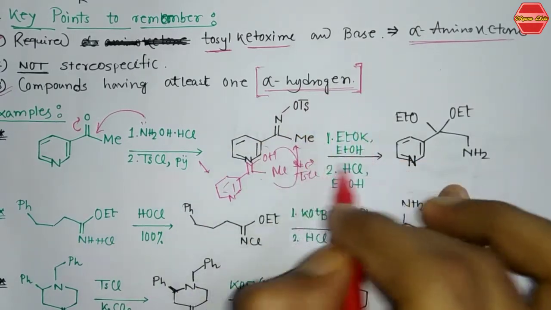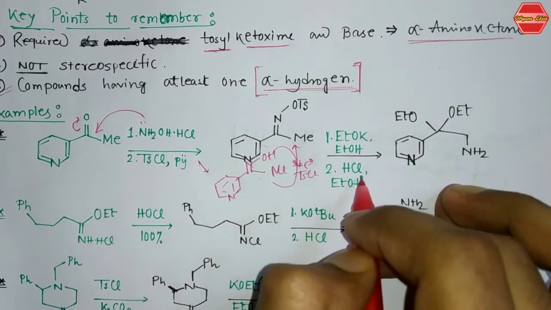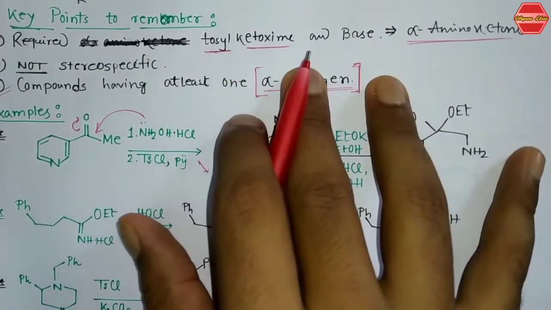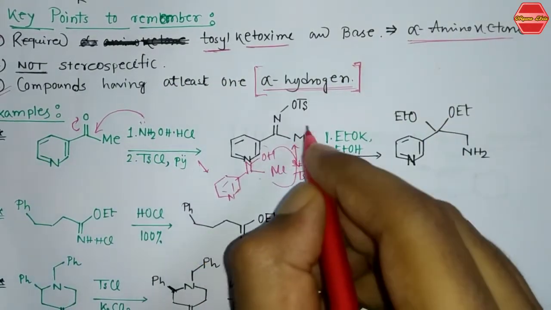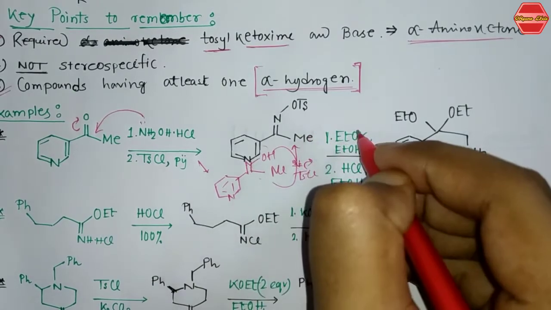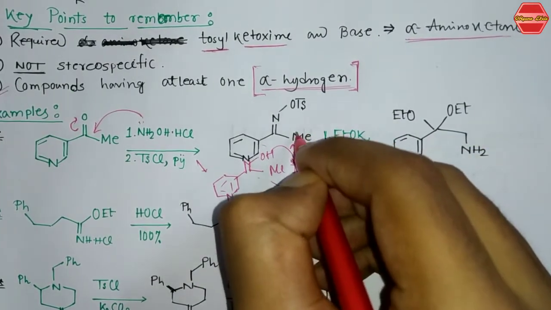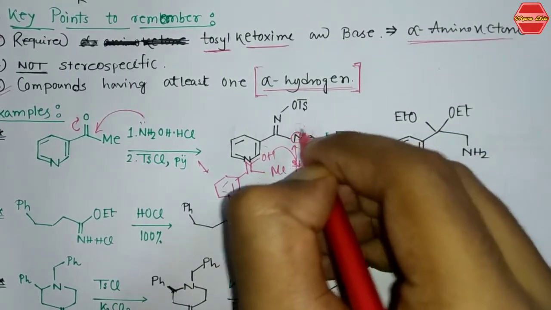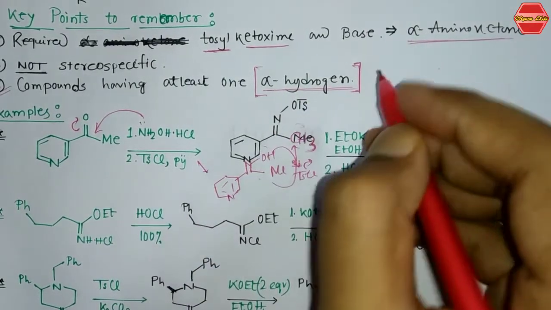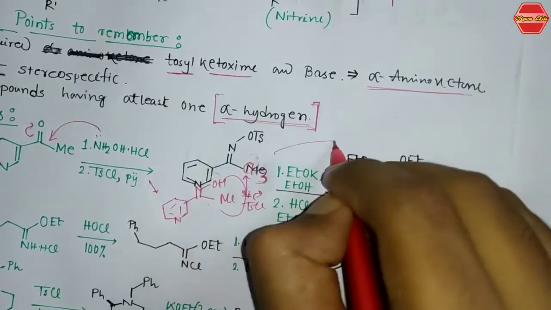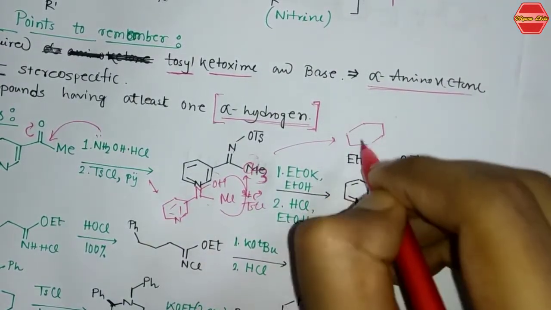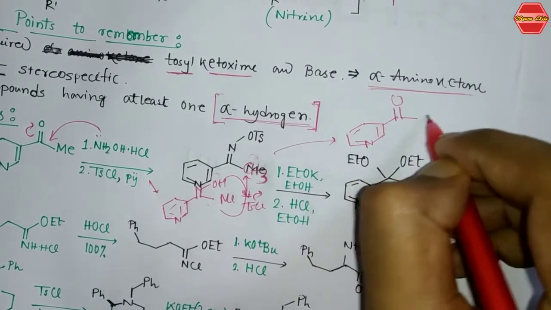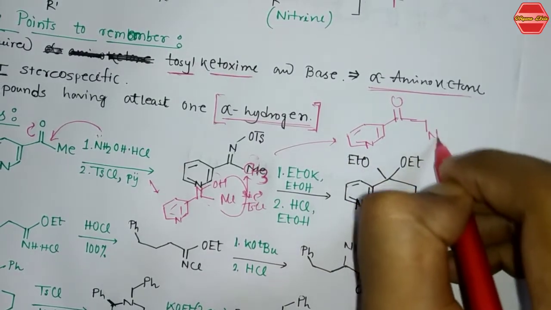Now when we are using potassium ethoxide or HCl, one point you should remember is the alpha hydrogen. We have the alpha hydrogen over here, so it will take a proton from here, I am writing this CH3 in this way. It can take a proton from here, it will attack over here, and this OTs will leave from the system. The final product that you are going to get is this one, a double bond with NH2, right?